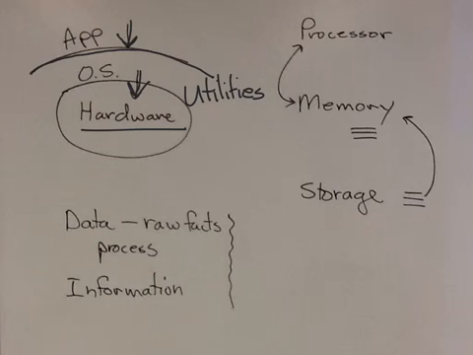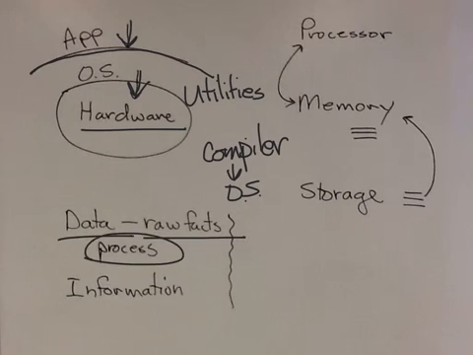That is important so that you understand that you either compile or interpret a program correctly for the OS that it's running on. When we refer in this class to data, we're talking about raw facts. We're writing code to process them into information.